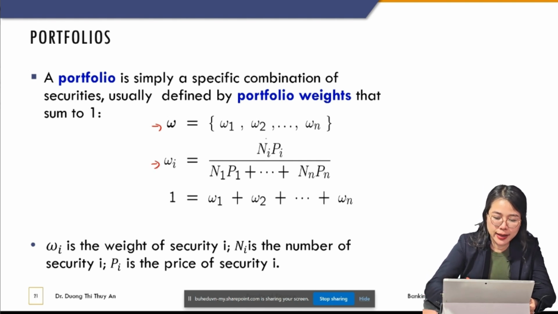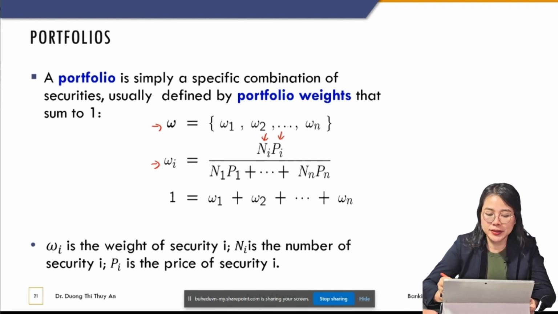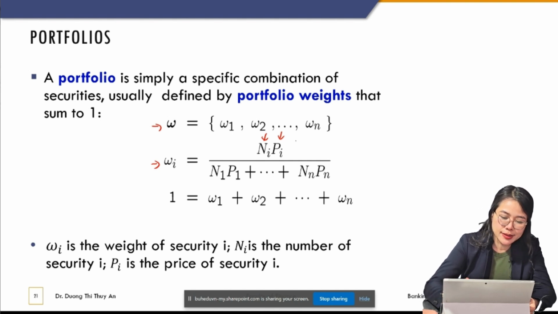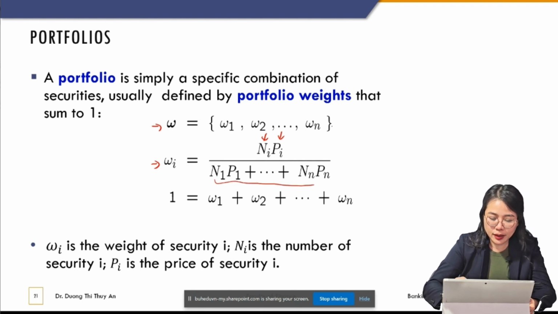N is the number of shares of security i, and P is the price of security i. We take this as the numerator, and the denominator is the total value of our portfolio.